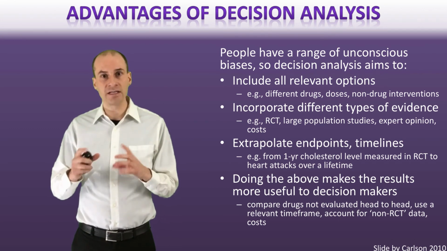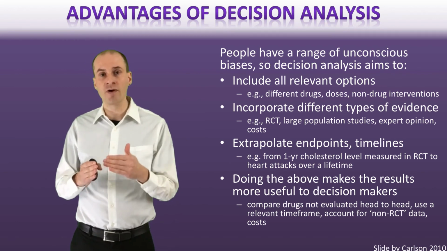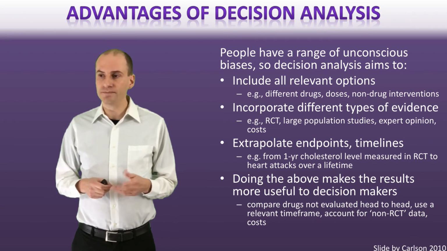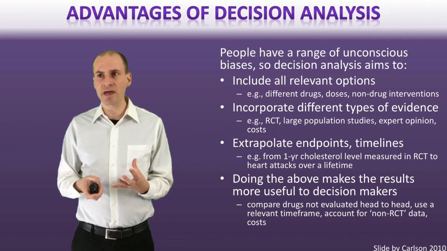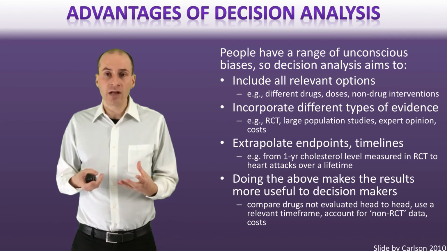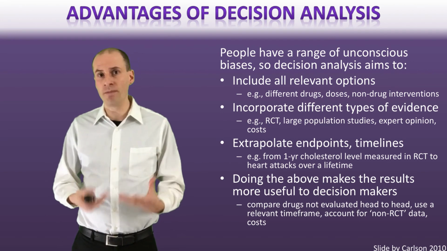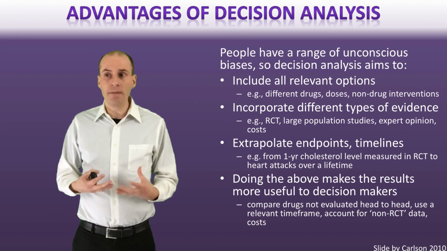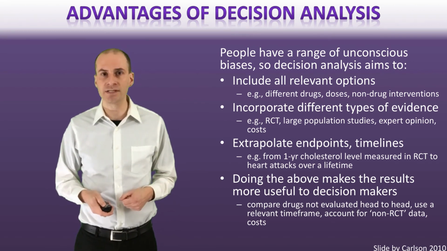You can integrate that into these processes to think concretely about what benefits would occur and when they would occur. And by doing this, as decision makers, we can minimize those biases and hopefully make better decisions that will have greater overall population benefits. Right, so that's the idea behind using these decision analysis approaches.